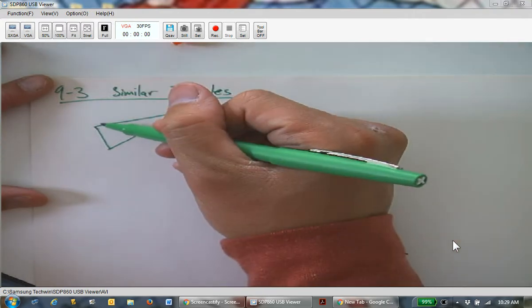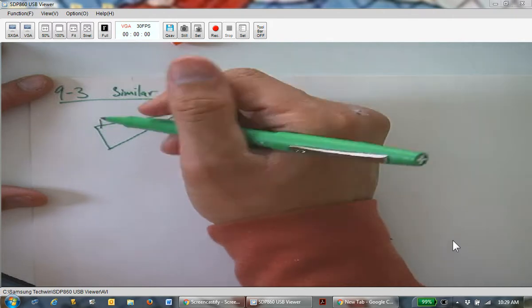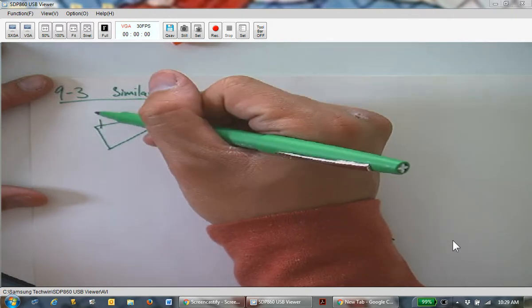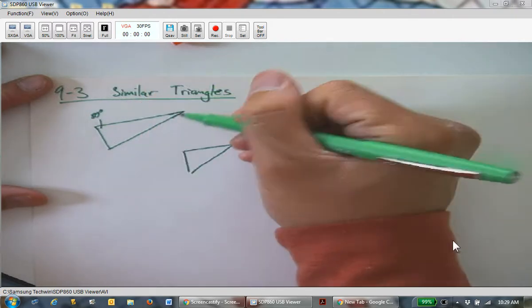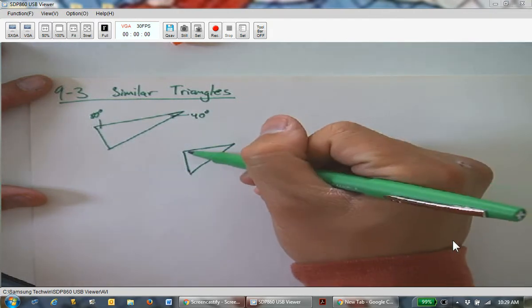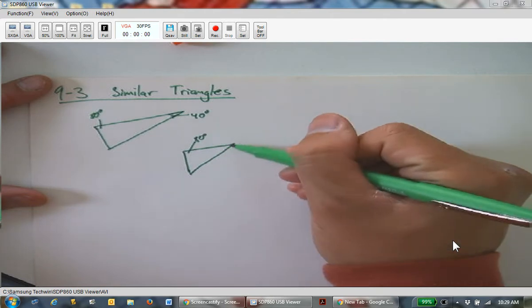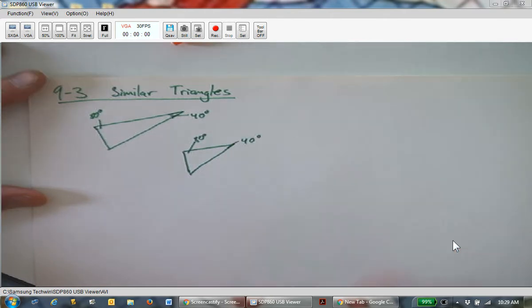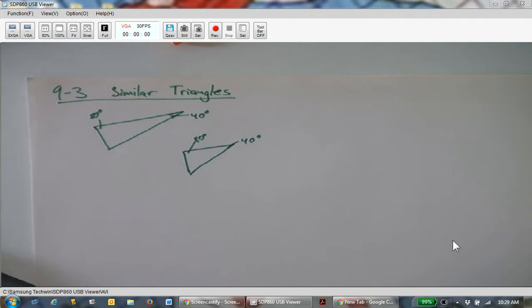Let me say that this is about 80 degrees, this is about 40 degrees, and again, this is 80 degrees and this is 40 degrees. I only have two sets of angles that are equal to each other in these two triangles. Can I say that these two triangles are similar? Yes or no?